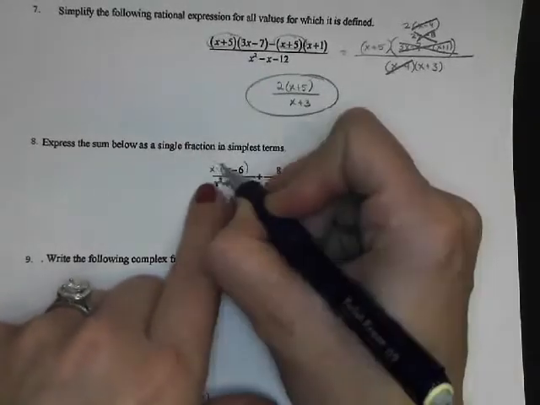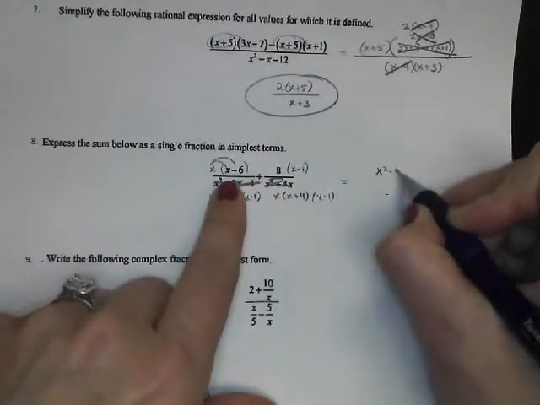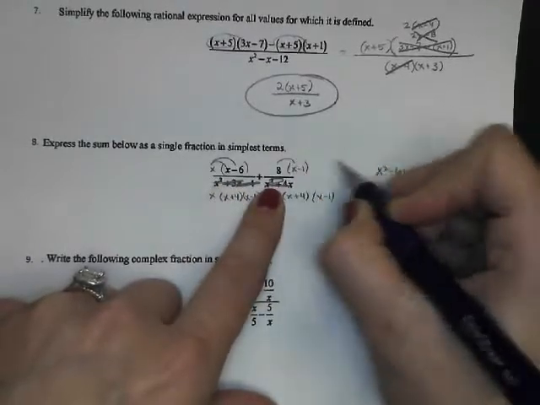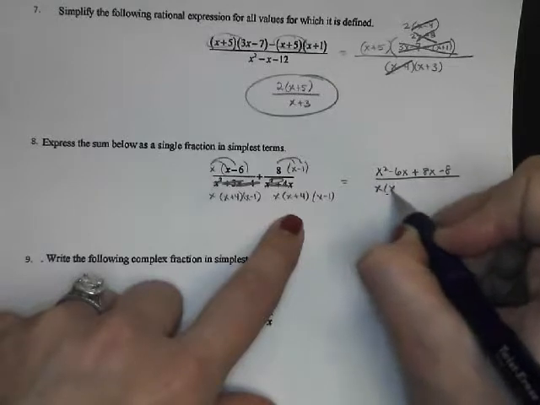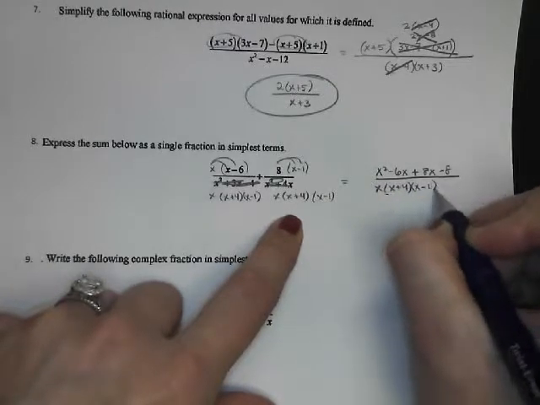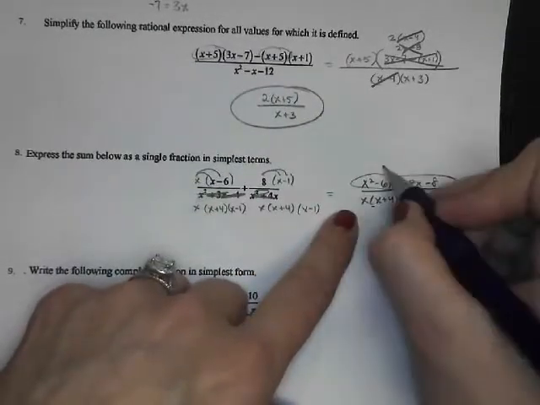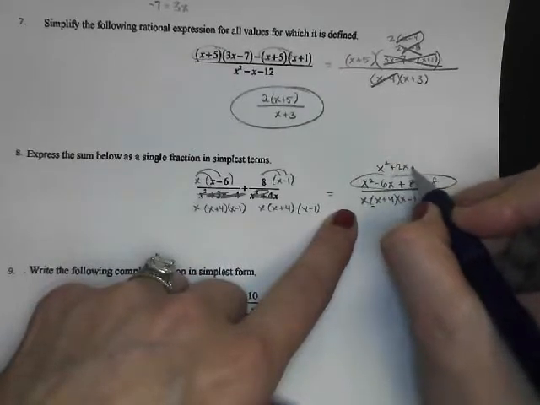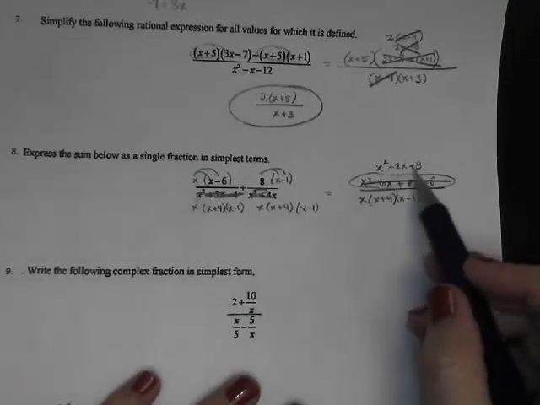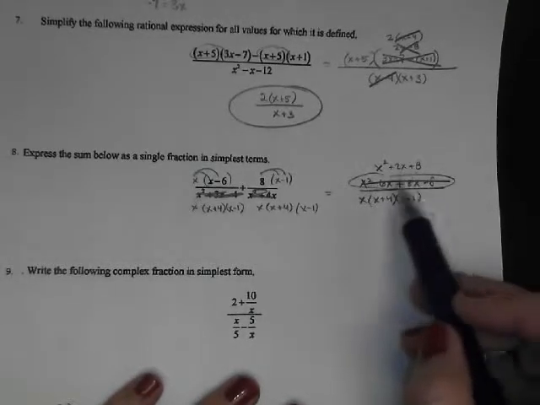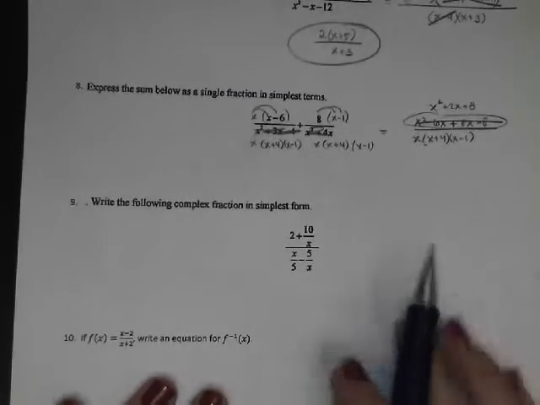So your numerator becomes x squared minus 6x plus 8x minus 8, all over x plus 4, x minus 1. Clean that numerator up just a little bit more, x squared plus 2x plus 8. And then that's not factorable, so nothing else will cancel. So this over that is your final answer.